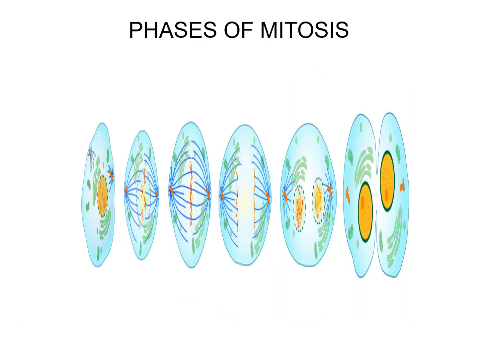So this is a great review slide to show you where you're at. You can see how this is kind of a combination of interphase and prophase. And then you can see where the chromosomes are lined up in the middle here would be metaphase. So this is just kind of a transition phase between the two.